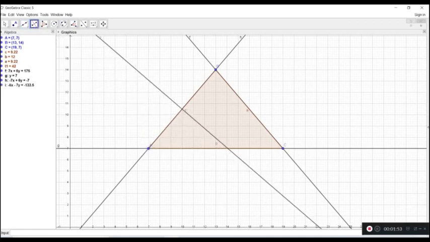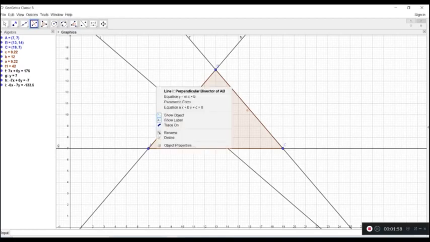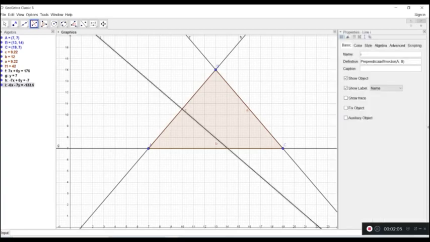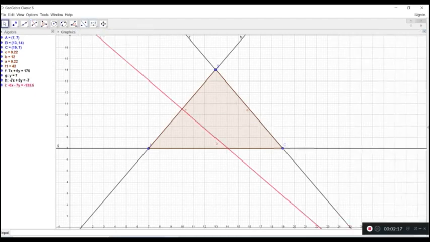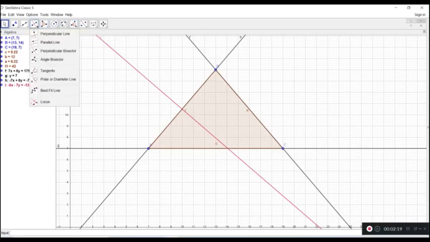So this is the perpendicular bisector. Let us color this perpendicular bisector red. Let us draw the perpendicular bisectors of the other sides.